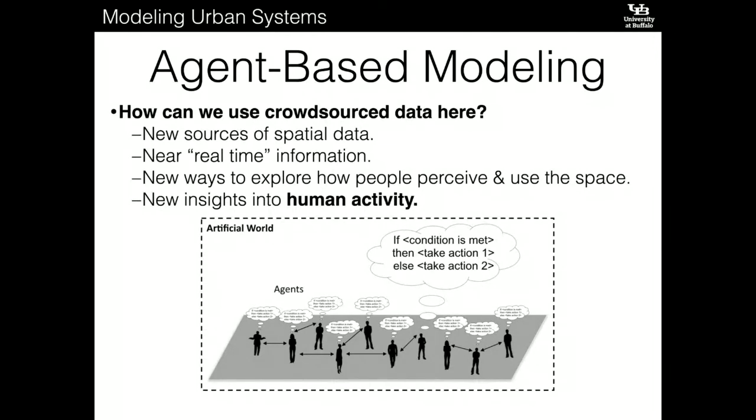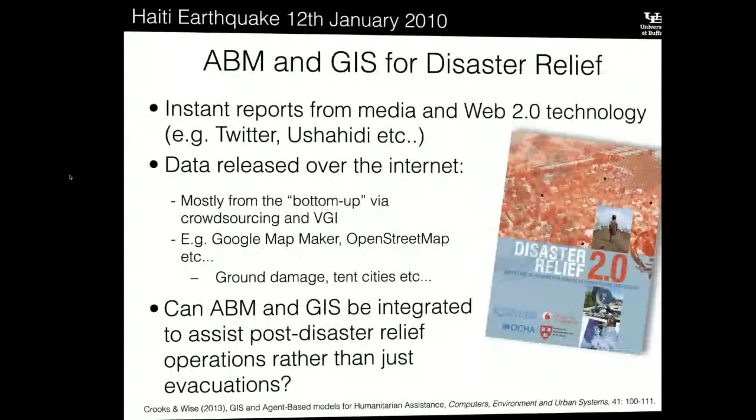The big question is, does this provide us with new insights into understanding human activity, and can we change these very simple if-else types of rules in the artificial world and embed them with this new source of data? And that's what I want to turn to now in this talk.